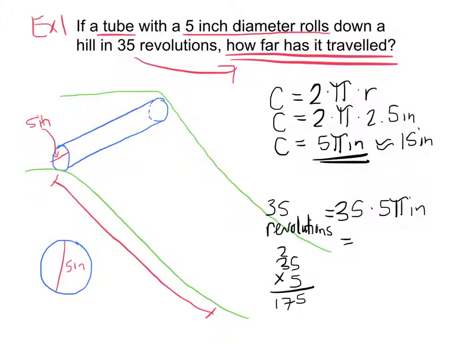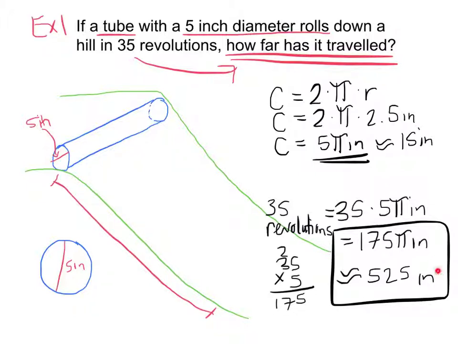That means you'd be looking at 175 pi inches, or approximately 525 inches. And both of these answers are correct. For my approximation, all I did is take 175 and multiply it by 3. So just keep in mind, when you're looking at a multiple choice answer, either of these would be correct.